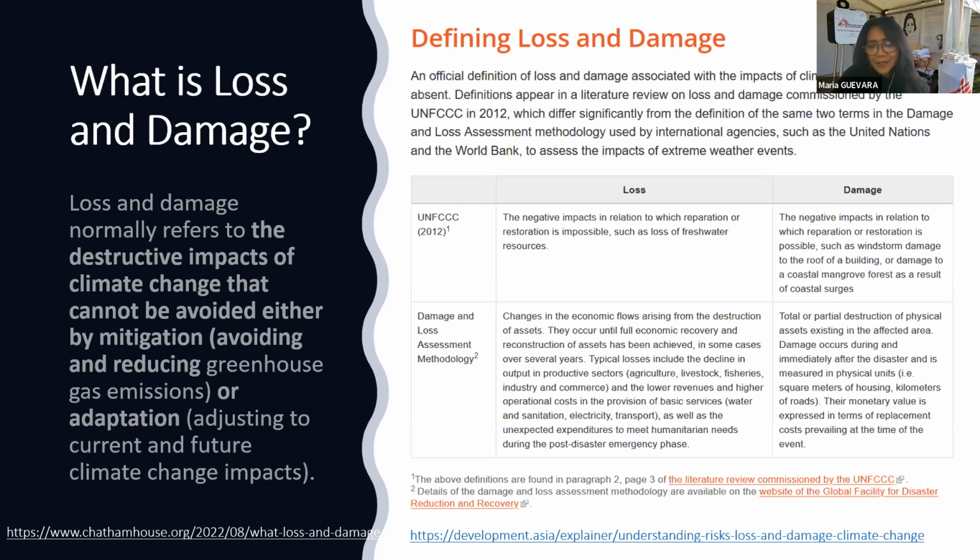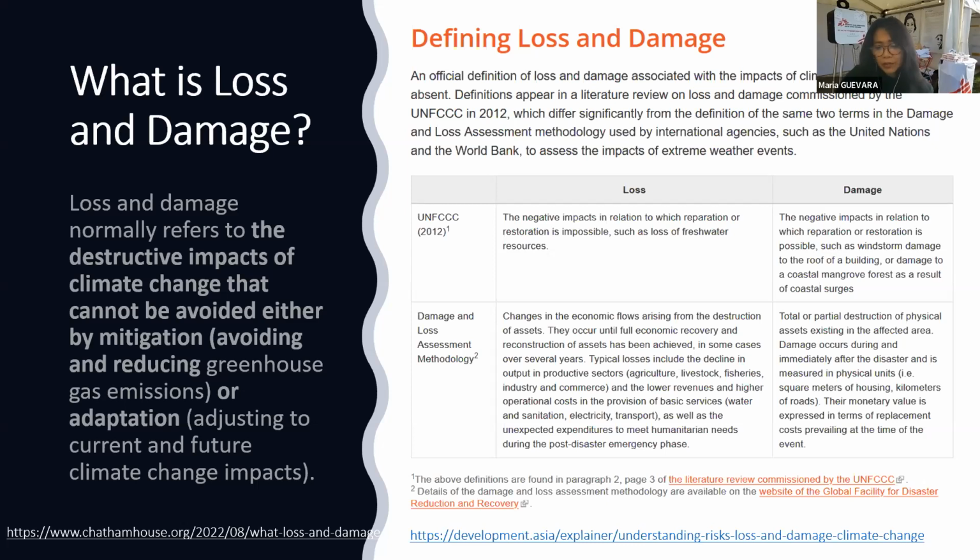In the previous studies that I've looked into, Development Asia, the Asian Development Bank's knowledge collaboration platform, in their 2017 publication, comparing the definitions from the UNFCCC in 2012 with other organizations like the UN and World Bank, found differences in the way they interpret it. And a more recent publication by Chatham House confirms that there is no internationally agreed upon definition.